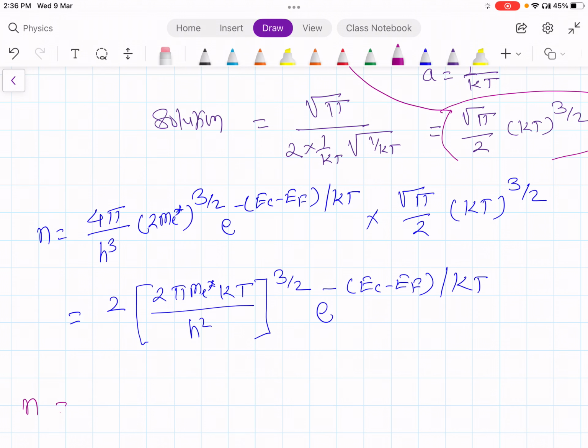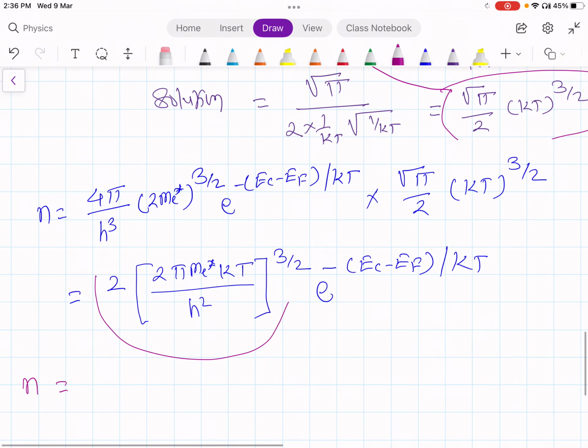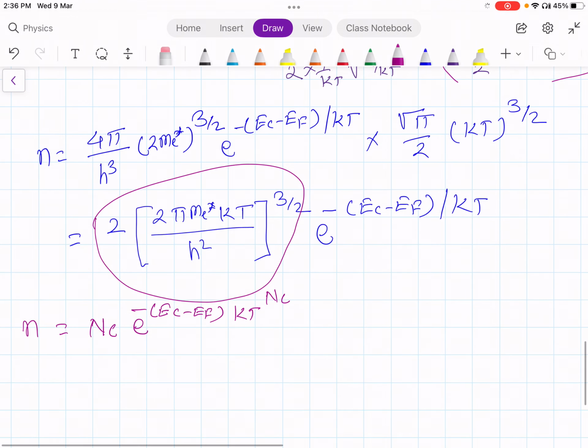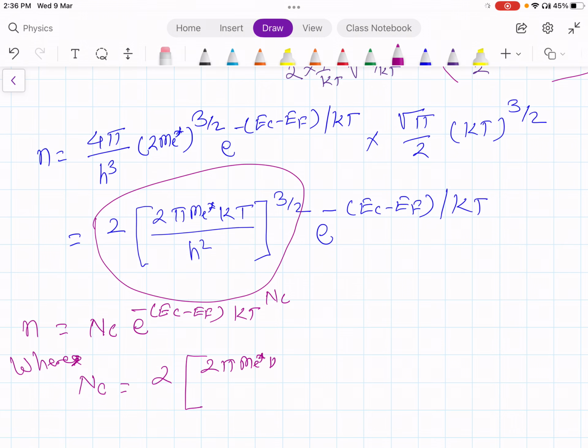So the number of electrons, let us write this constant as Nc. So Nc into e raised to minus of (EC minus EF) upon kT, where Nc is equal to 2 into (2 pi me star kT upon h square) raised to 3 by 2.